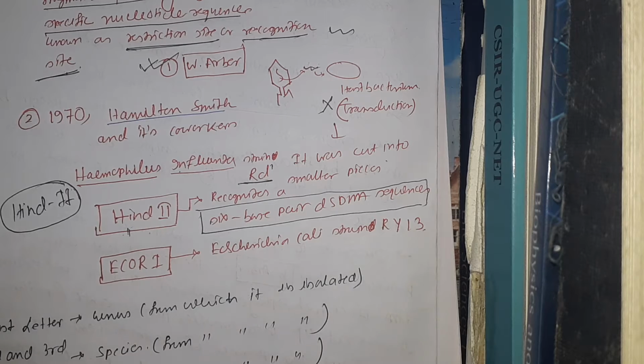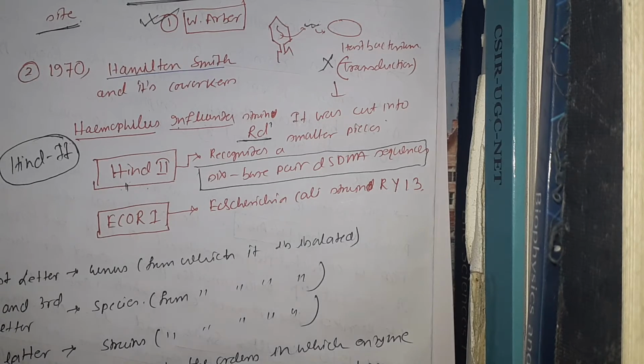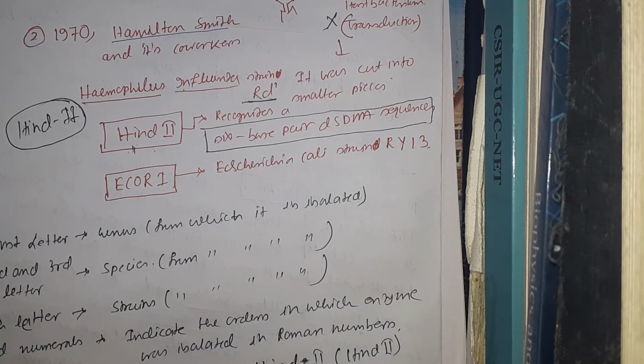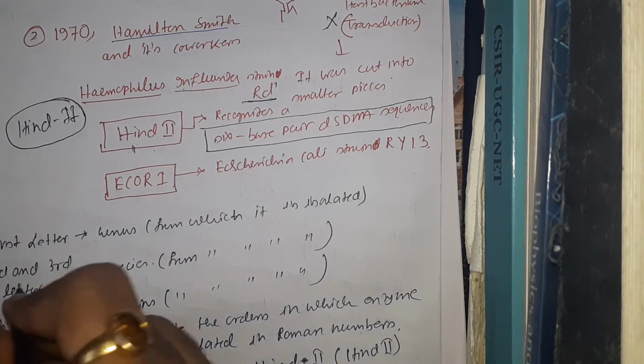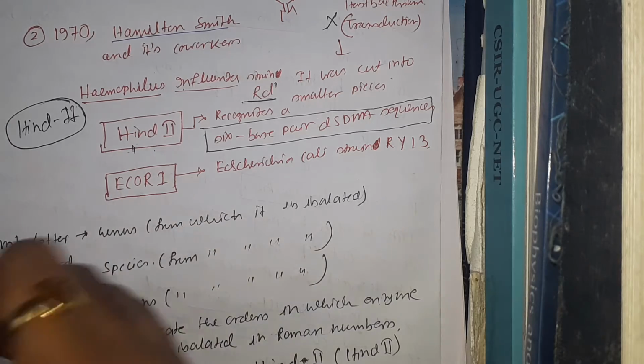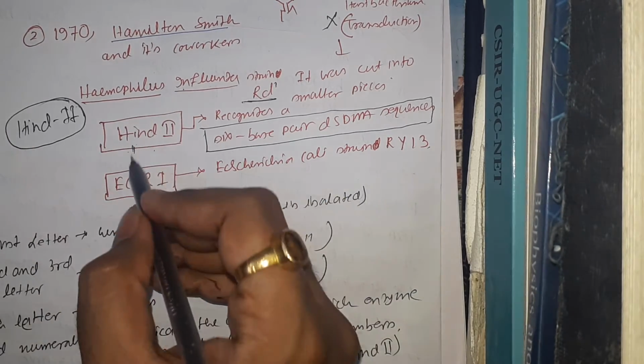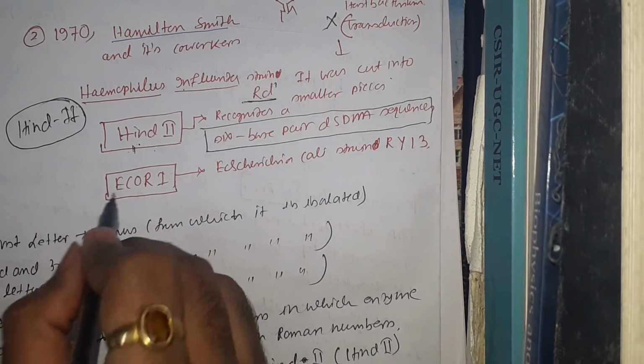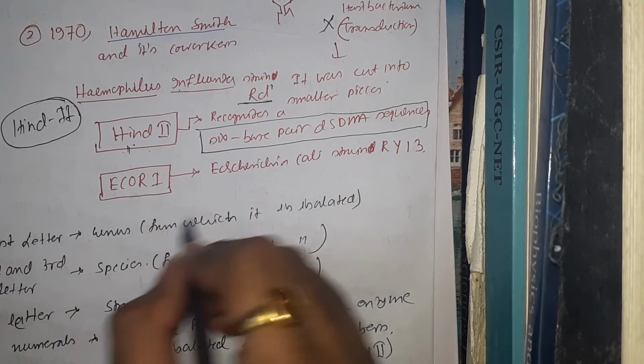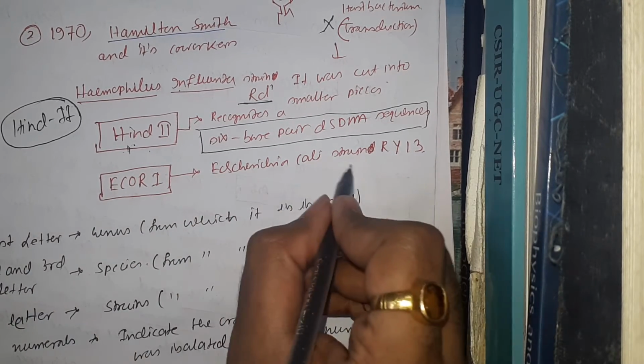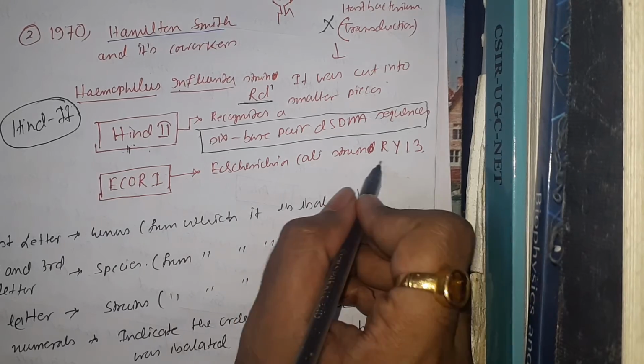You don't need to bother about that; this is just an introductory video. The next enzyme isolated just after HindII was EcoRI, isolated from the species Escherichia coli, strain RY13.